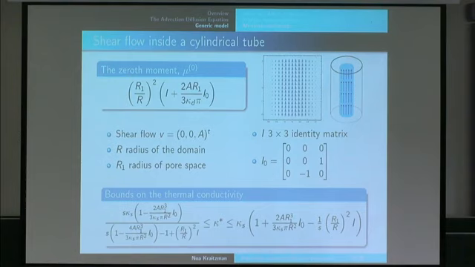Since we're talking about the flow only inside the brine inclusions, a shear flow will be a good representation. In this case, again, we can obtain the bounds. The zeroth moment is actually the volume fraction plus the average of the fluid velocity inside, and we can obtain upper and lower bounds on the thermal conductivity.